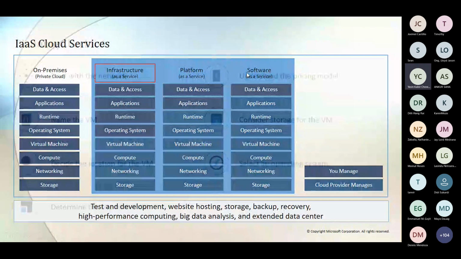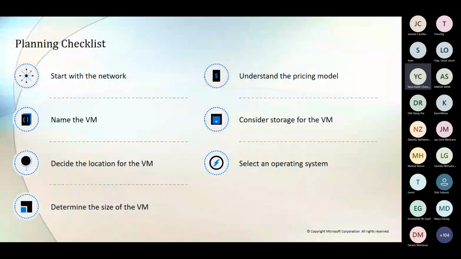So, the planning checklist: what do we have to plan? When we make a plan, we start with the network. We have to think about the network, the name of the VM, and the location where we will put the VM. As you know, you have a lot of regional data centers. In which data center will we deploy our VM?